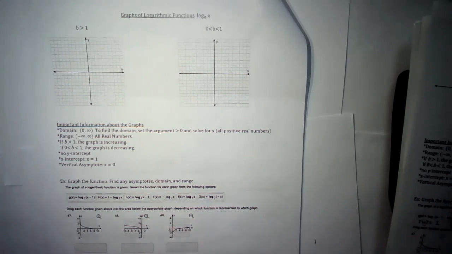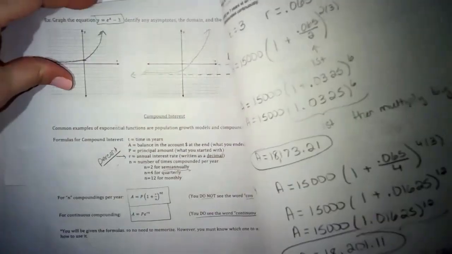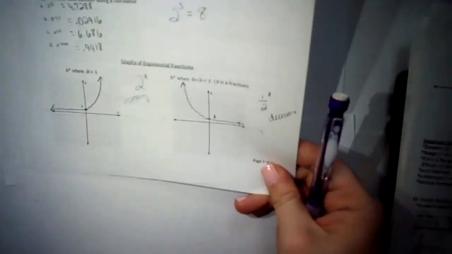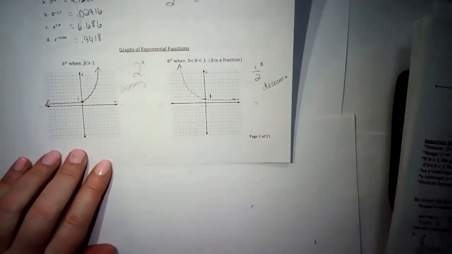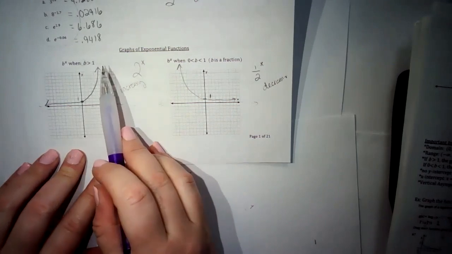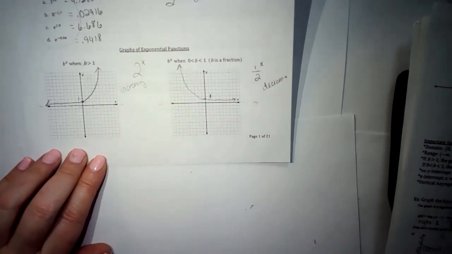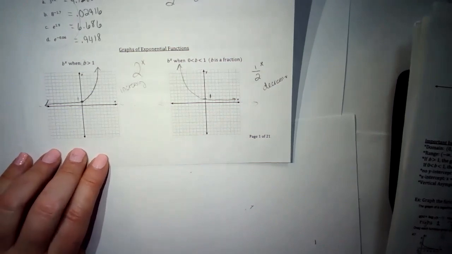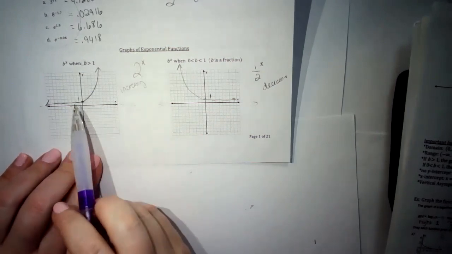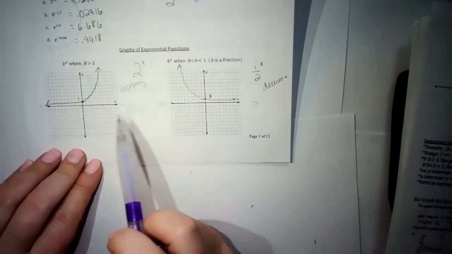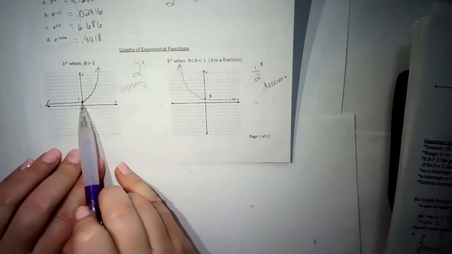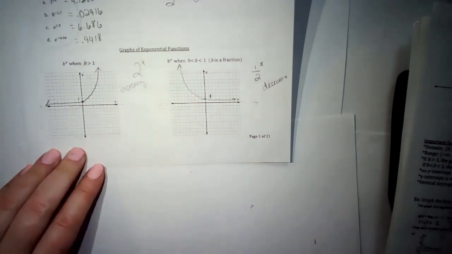So if you remember, speaking of yesterday's section, if we think back to our graphs of exponential functions, you can just look up here for a second. They increased and they decreased up there above the x-axis, right? Up there in quadrants 1 and 2. They had horizontal asymptotes at the x-axis and they had y-intercepts at 1.